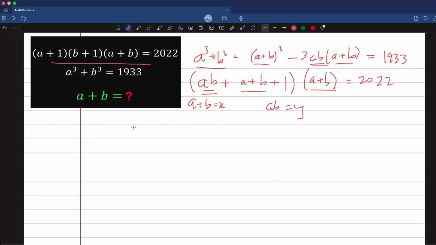Let's look at the first equation. a plus b is x, so that becomes x cubed minus 3, ab is y, and a plus b is x. So x cubed minus 3xy is 1933. This is one equation. And you also have (y plus x plus 1) times x is 2022.